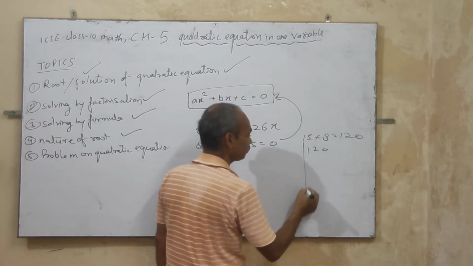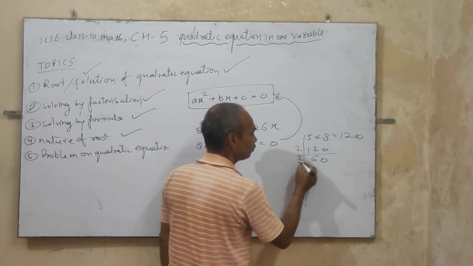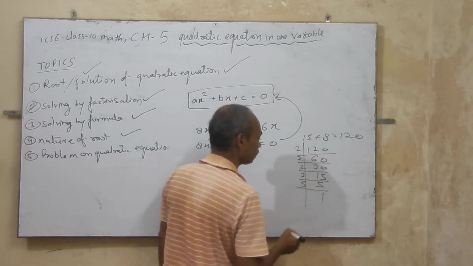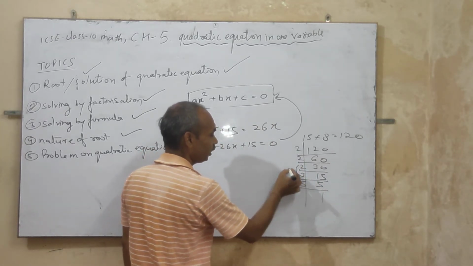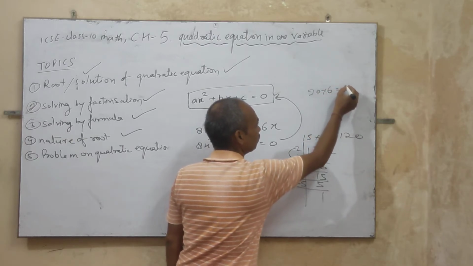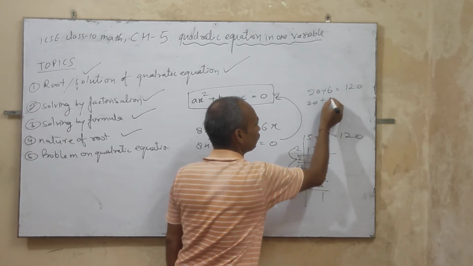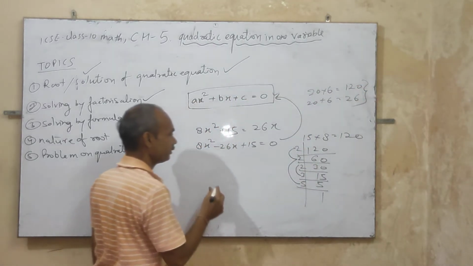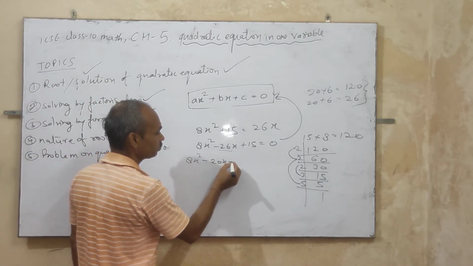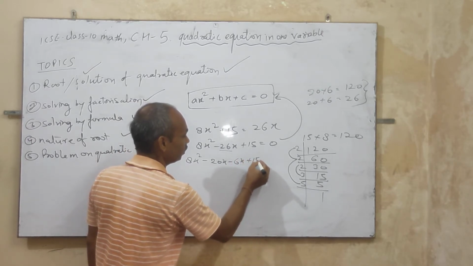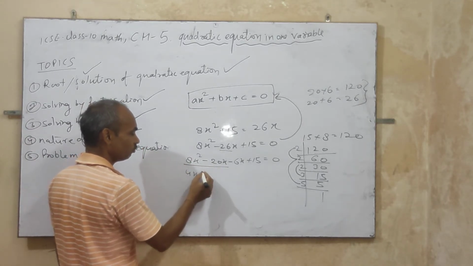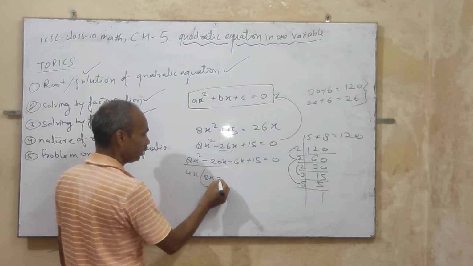120 should be broken into two integers whose sum or difference is 26. Checking the factors of 120: 2 sixes, 2 thirties, 3 fives, and so on. 20 into 6 is equal to 120, and 20 plus 6 is equal to 26. So 8x square minus 20x minus 6x plus 15 is equal to 0. 4x is common in the first two terms, leaving 2x minus 5.